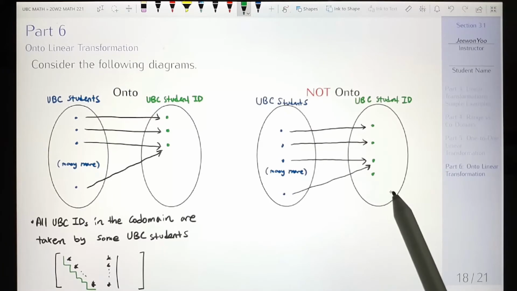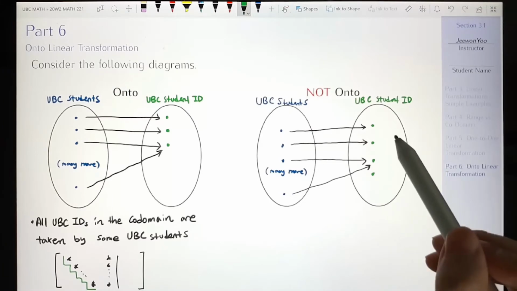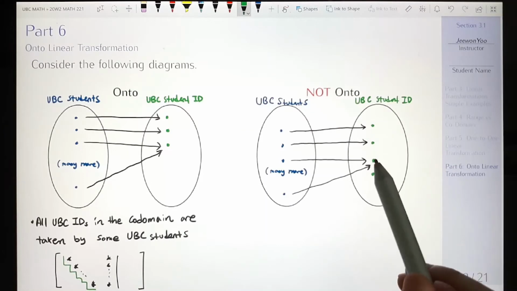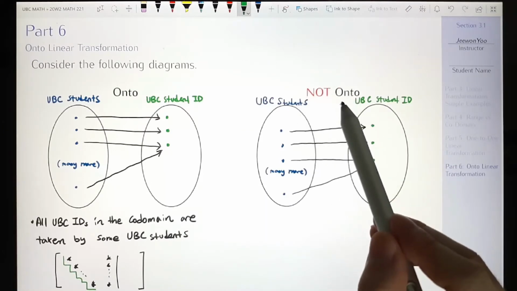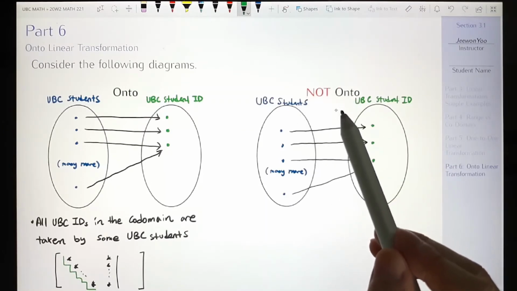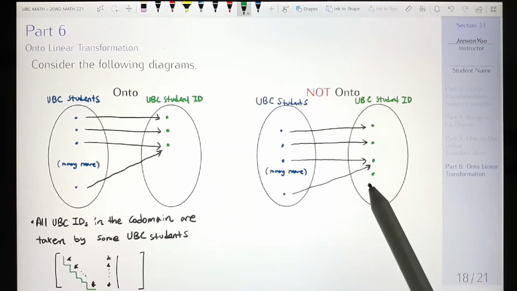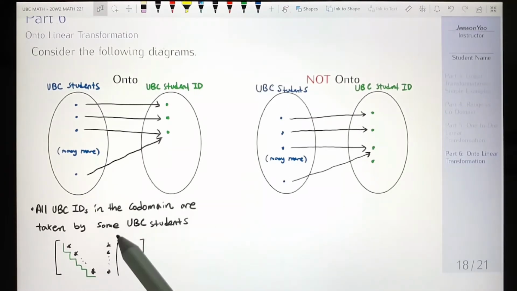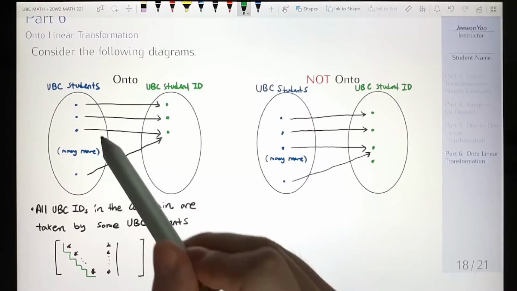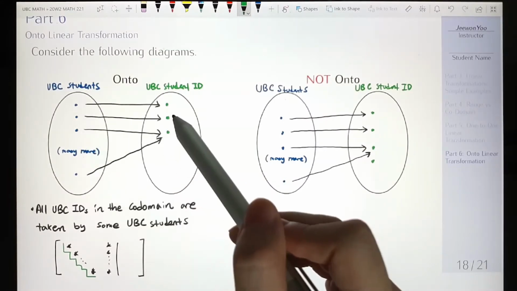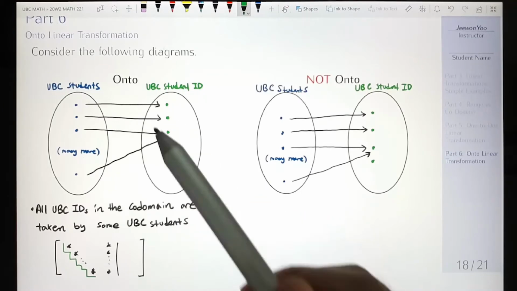Whenever this happens, where not all UBC IDs in the codomain are taken by a student, then the transformation is not onto. What does that mean? It means we cannot have a pivot in every row. By having a pivot in every row like this, solution must exist. In other words, UBC student must exist that mapped to particular UBC ID.